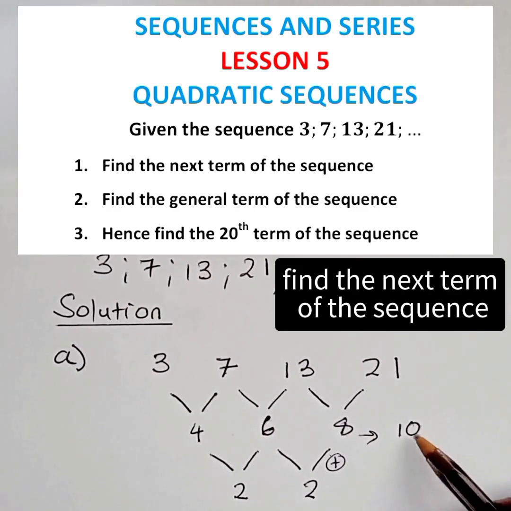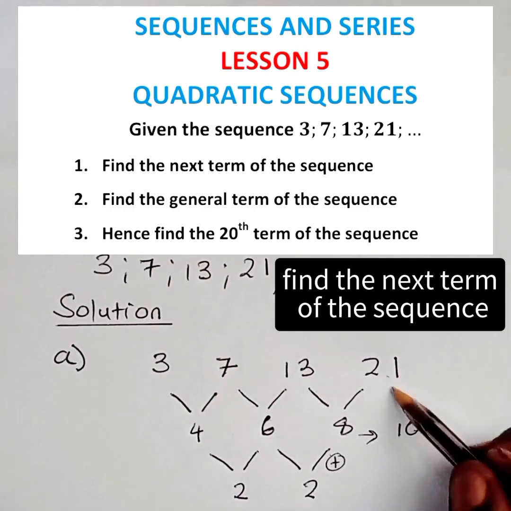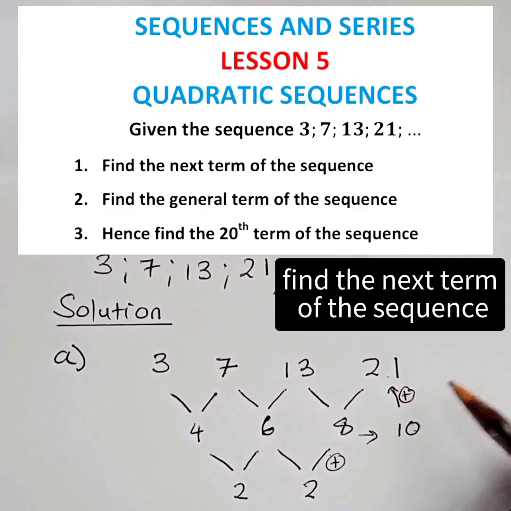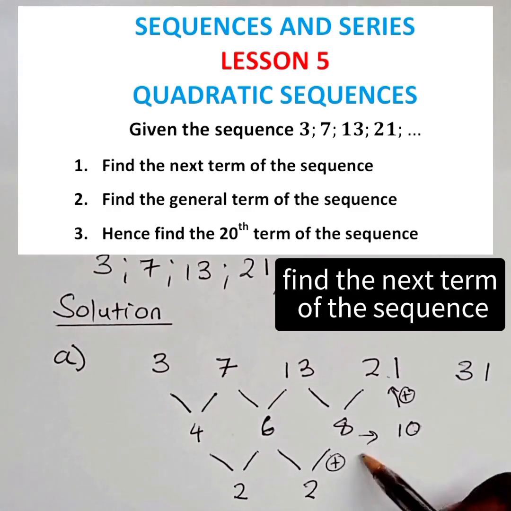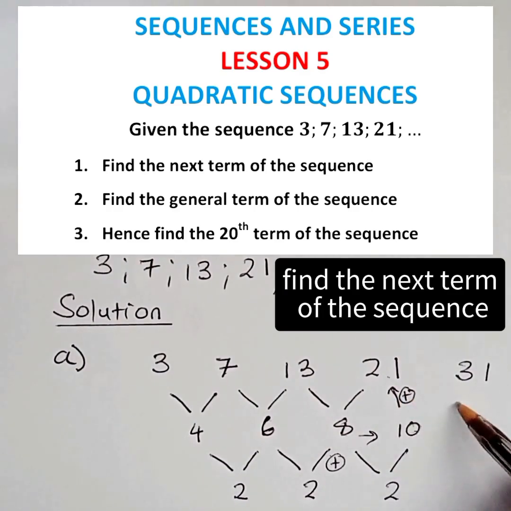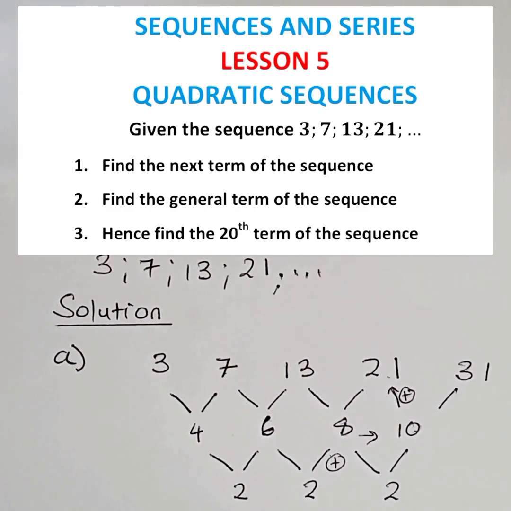Then you are going to add 10 to 21, and that will give you 31 as the next term in this sequence. And if we check, we still have our common difference being 2, and if you subtract 21 from 31, you still get 10. So we found the next term of that sequence.